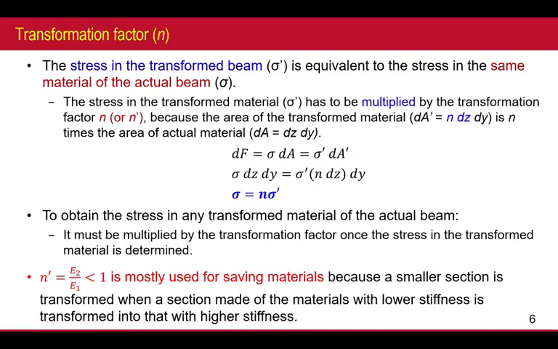That's why it saves room and saves material. It's the most used because a smaller section results when a section made of the material with a lower stiffness is transformed into that with a higher stiffness. So I highly recommend you use this way. Clear? That's way easier because it saves material.